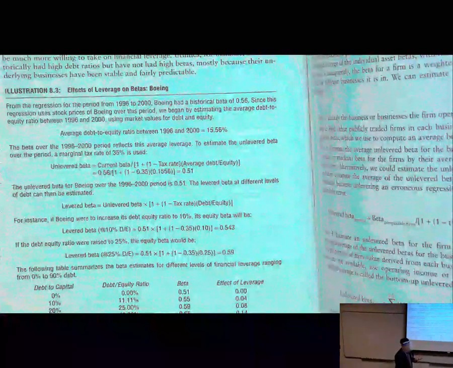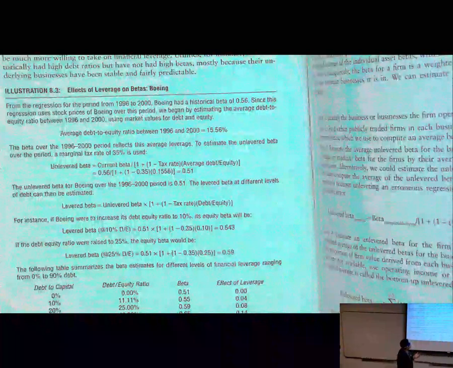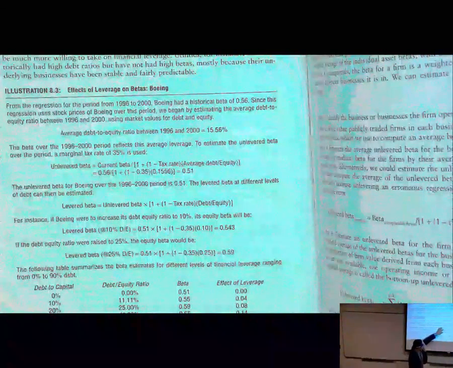Let's say there are two scenarios. First scenario, the debt to equity ratio declines to 10%. If that is the case, we apply it to the equation: levered beta equals unlevered beta 0.51 times 1 plus (1 minus t) times that ratio 0.1.